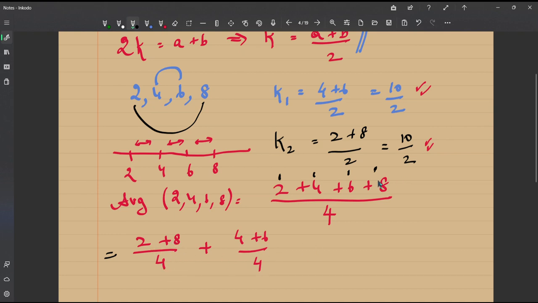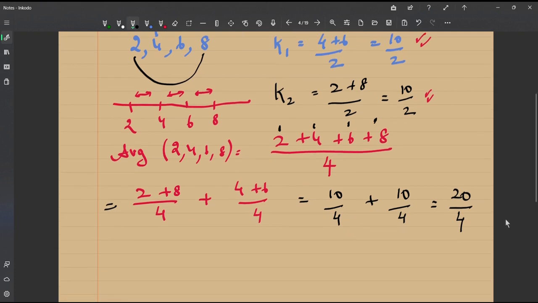And what do I get now? What is (2 plus 8) by 4? It is 10 by 4. And (4 plus 6) by 4 is also 10 by 4. So since the denominators are the same and equal to 4, I can write it as 20 by 4. But what is 20 by 4? If I divide both the numerator and the denominator by 2, I get 10 by 2, which is the same as this 10 by 2.